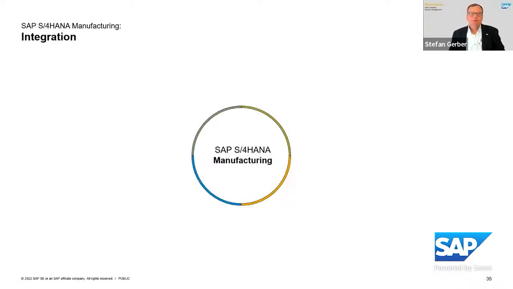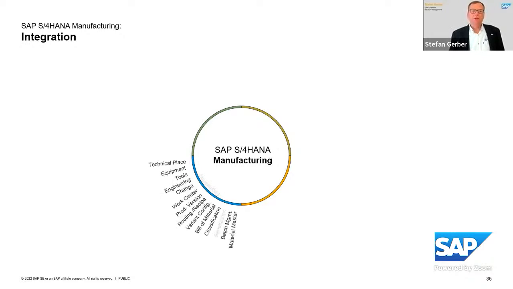I want to finish my part with a quick look at integration. Typically, if you talk about SAP, within a couple of sentences you pretty soon get to the term integration, or sometimes the lack of integration. How are we integrated, as for manufacturing, with different SAP modules and SAP objects?